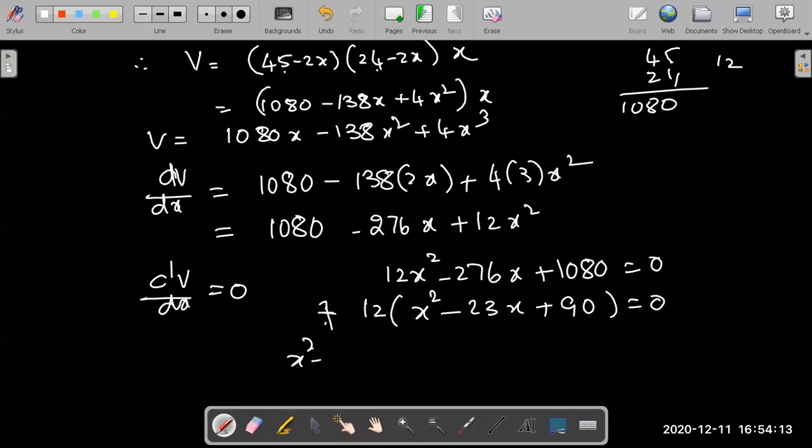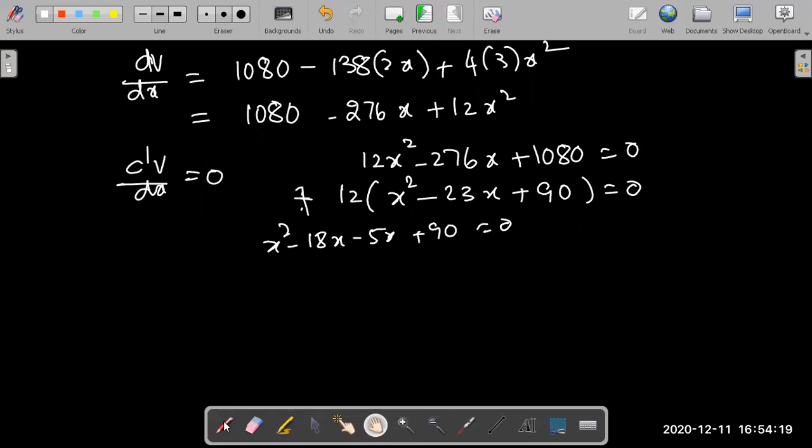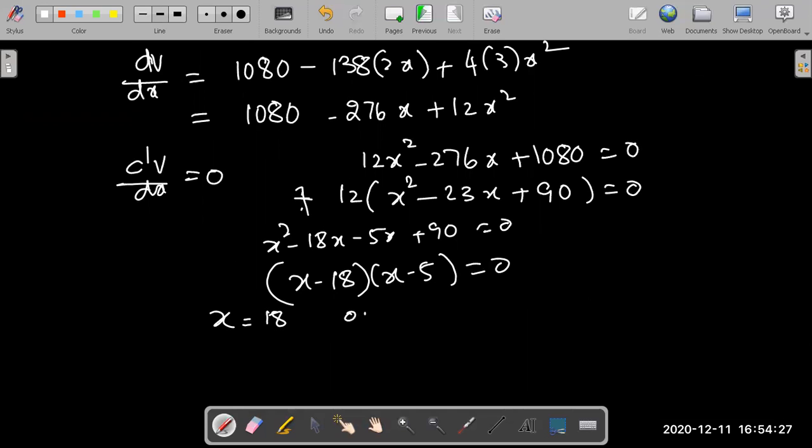So x squared minus 18x minus 5x plus 90 equal to 0. So it's x minus 18 into x minus 5 equal to 0. So x equal to 18 or x equal to 5.